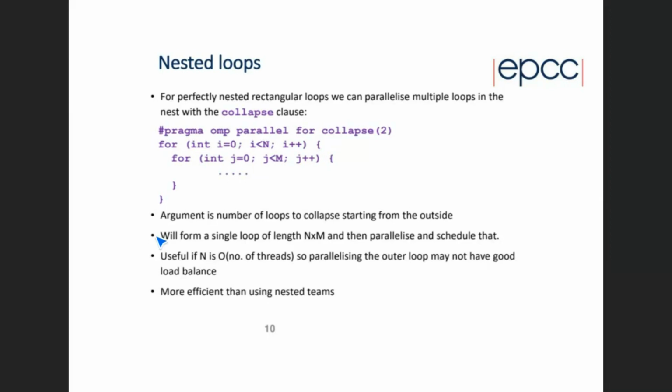So it'll generate that one implicit long loop, and then it will parallelize and schedule that as though that's what the for directive applies to. It implicitly creates a big long loop, and then it divides the iterations of that implicit loop between the threads in whatever way the schedule clause specifies.